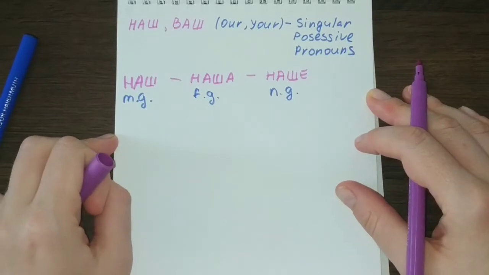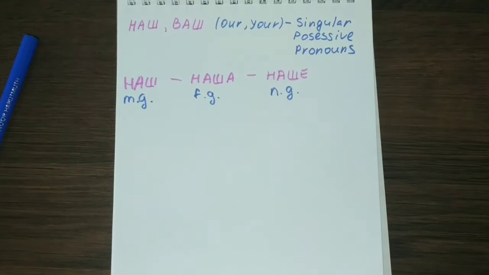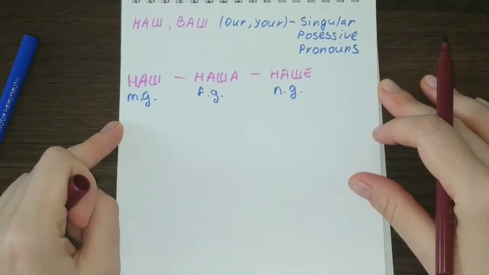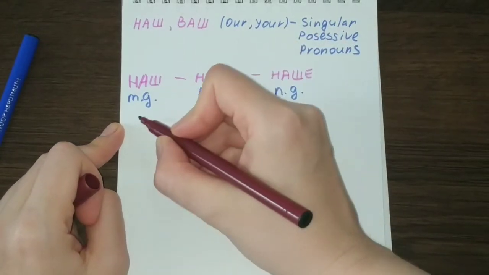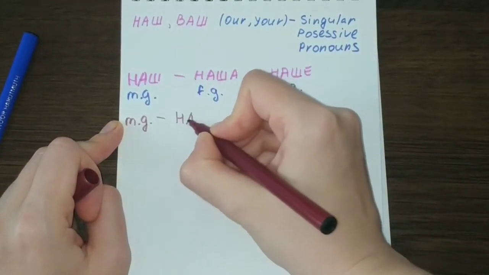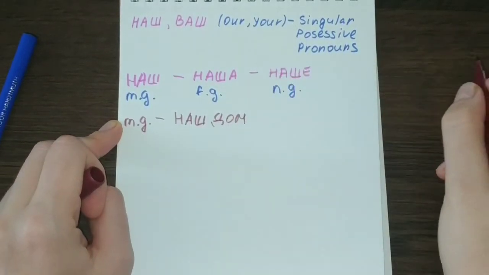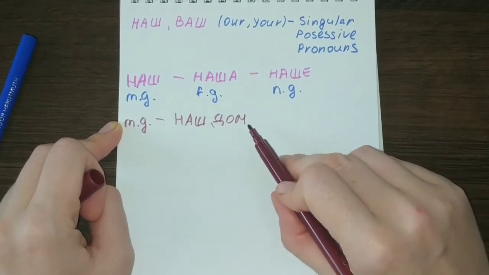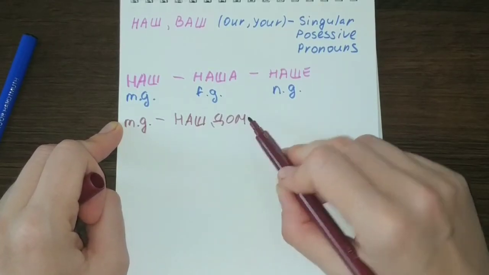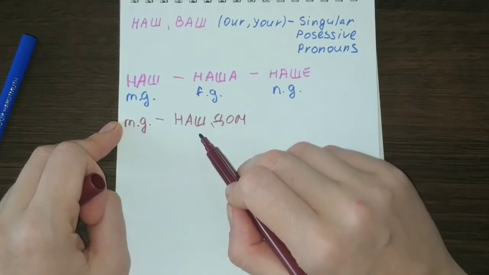So, for example, let us take the masculine gender example first, and let's take the easiest one. For example, house, which is дом, which is of a masculine gender. You will say наш дом. Дом is a house. It is a noun of a masculine gender. It is used with the possessive pronoun of a masculine gender as well.